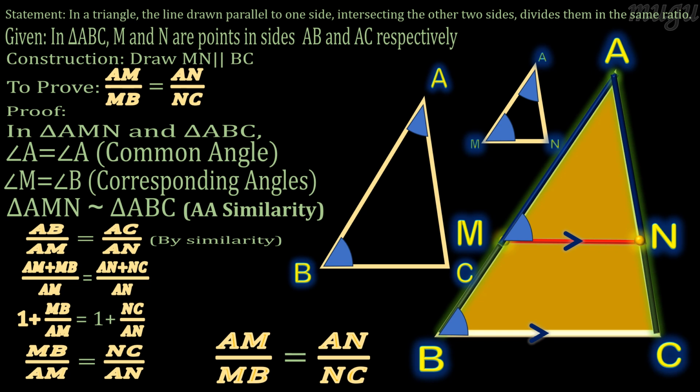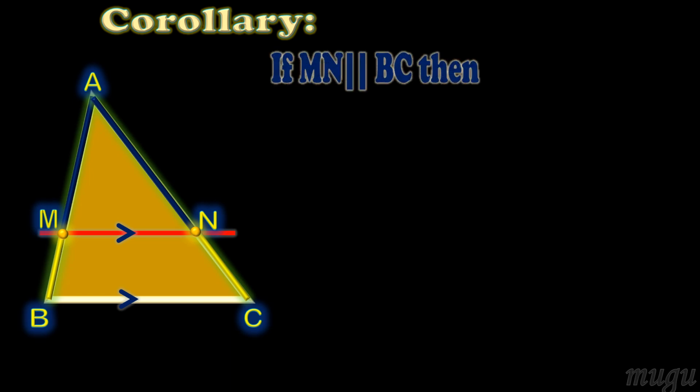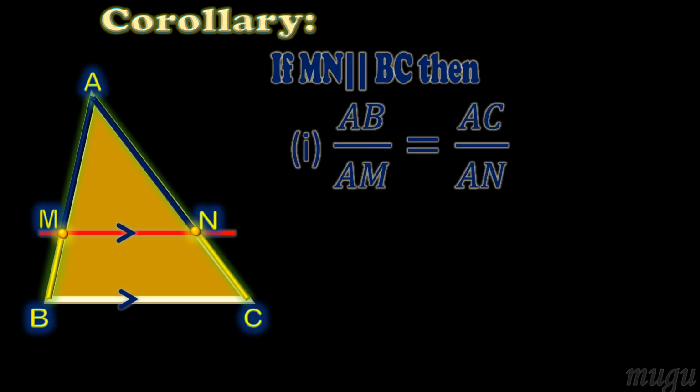From this theorem, you can also confirm two corollaries. From the original theorem, we have AM by MB equal to AN by NC. One corollary is, if MN is parallel to BC, then AB by AM, the full segment with the first part, is equal to AC by AN.